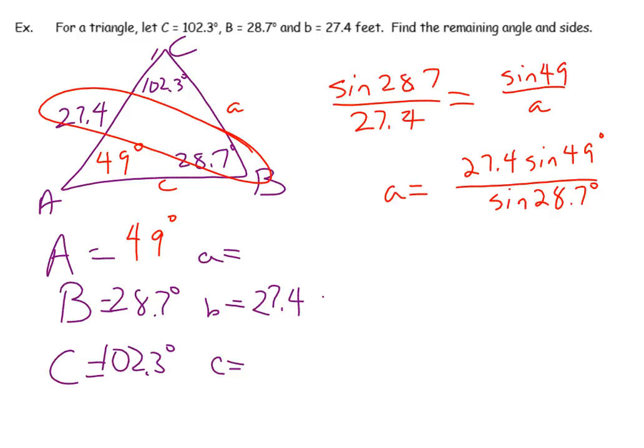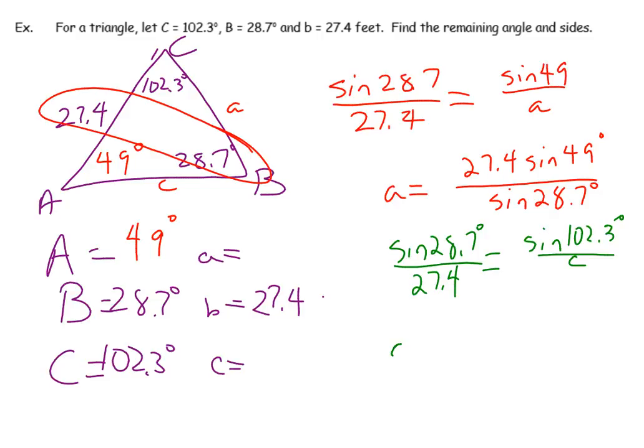When you're setting up the equation for little side C, you would get the sine of 28.7 degrees over its opposite side, 27.4, is equal to the sine of 102.3 divided by its opposite side C. And again, getting C alone, C is equal to 27.4 times the sine of 102.3 over the sine of 28.7 degrees. Okay? You would just type it on your calculator, and that would find C.